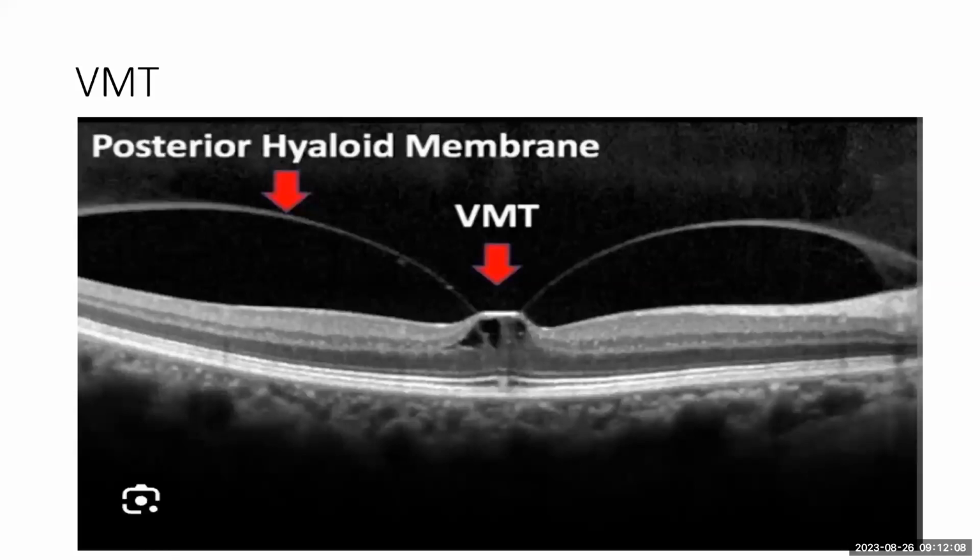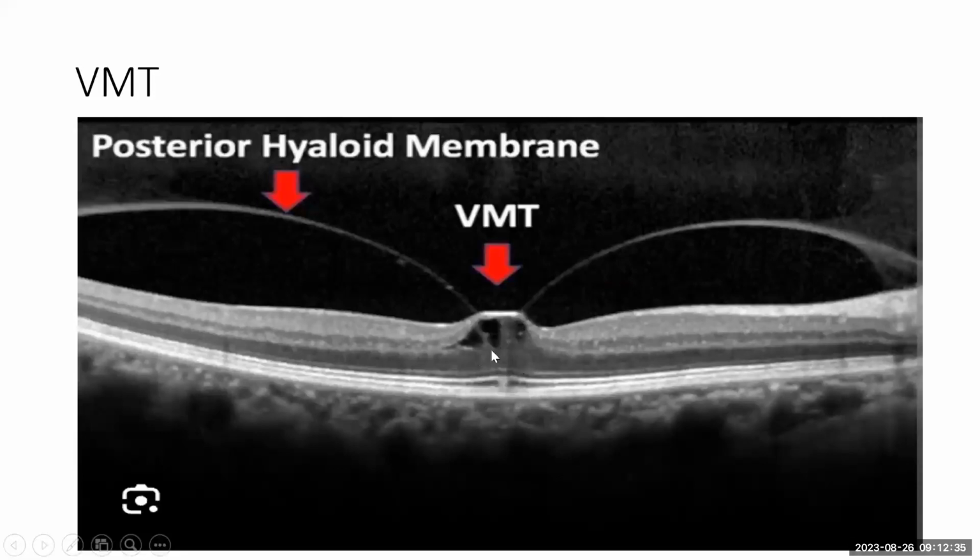So there is a traction ongoing. So this patient will most likely have much more of flashes and floaters than the patient with vitreomacular adhesion. So in this instance, the other neurosensory retinal layers below, this is the ellipsoid, this is the external limiting, this is the interdigitation, this is the Bruch's, they are intact.